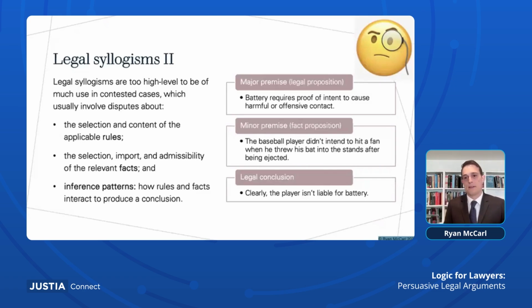Legal intent is a term of art that goes back centuries, and its meaning varies by context. So in fact, the relevant intent will be imputed to this baseball player, so long as the stands are full of fans and it's reasonably certain that if he throws a baseball bat into the stands, it will hit somebody. That will be held to be constructive intent. So you can challenge these premises, challenge how they interact, and then you find that this superficially appealing argument collapses.